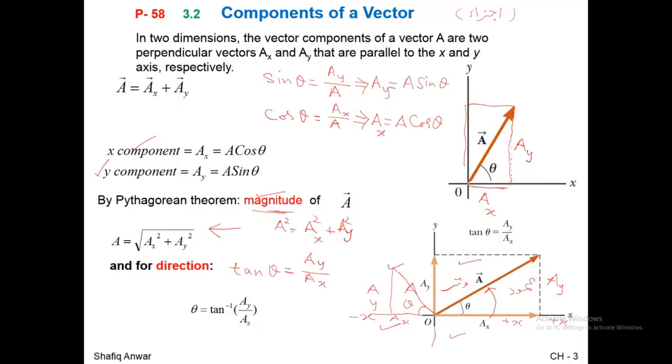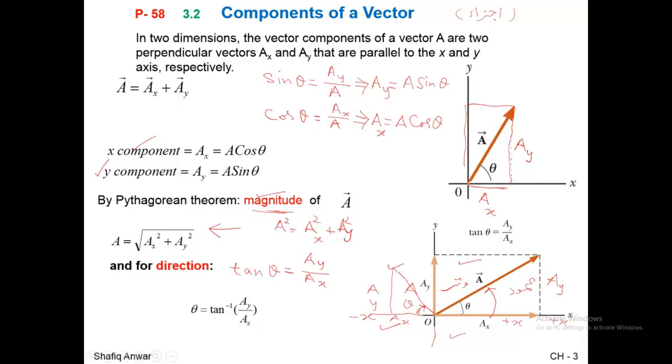Now this angle will be negative. Why? Because it is not from the positive x-axis direction, it is from the negative x-axis in the opposite direction. You get the point? This will be a negative angle.